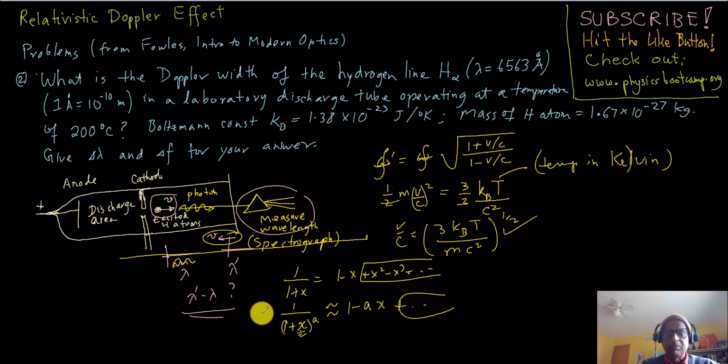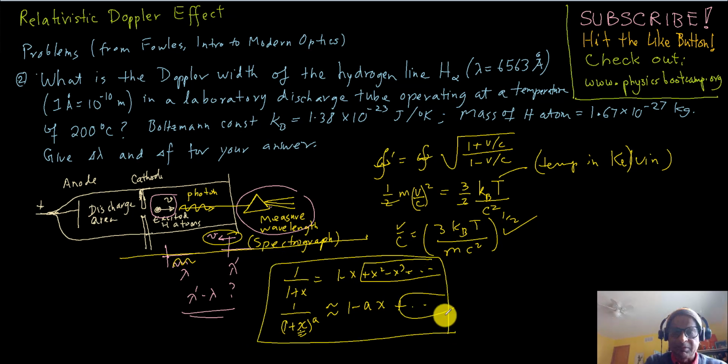So sometimes using a Maclaurin expansion or Taylor expansion about small x at x equal to 0 is helpful if x is small, rather than directly plugging into the calculator.